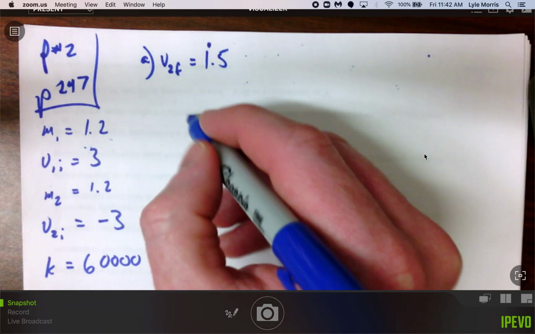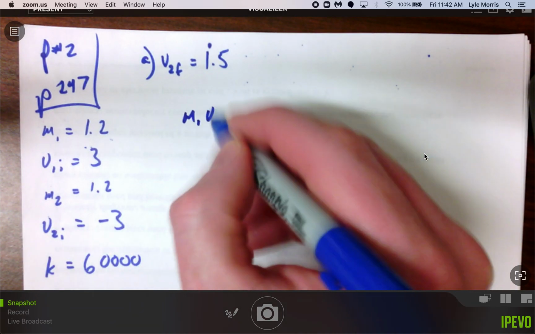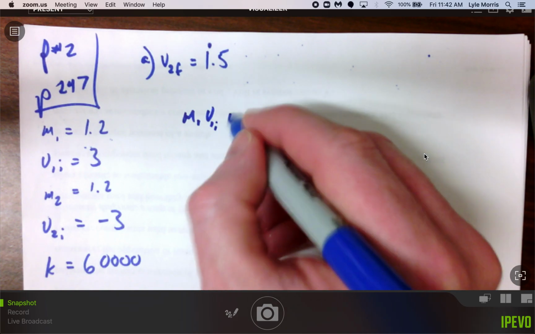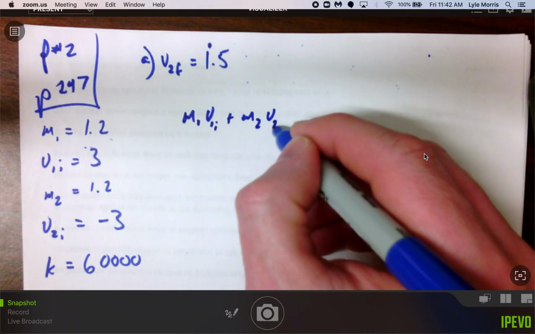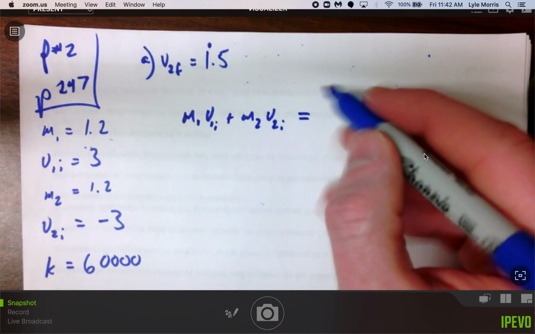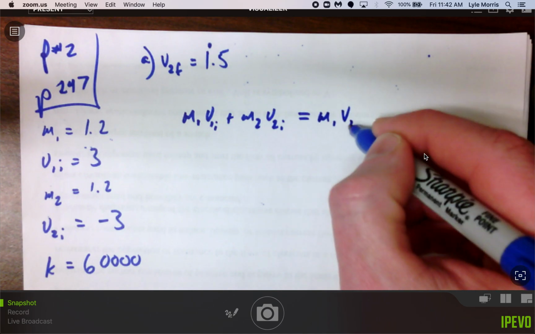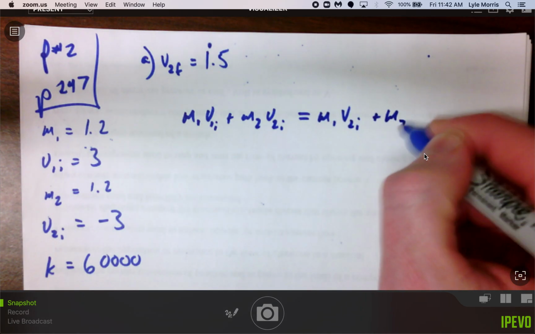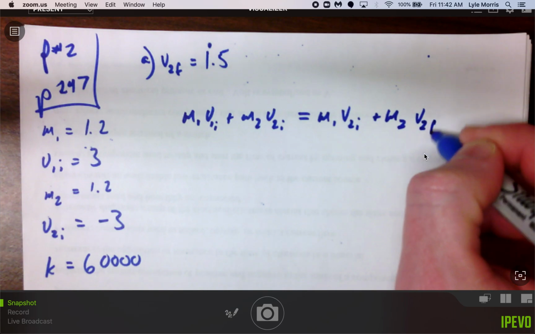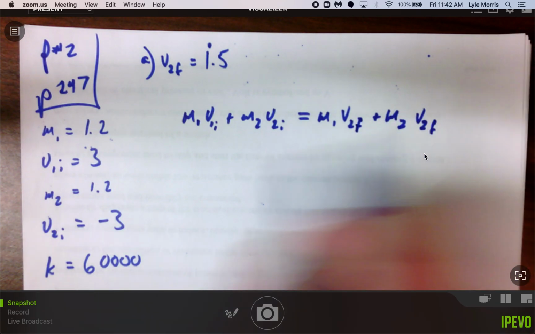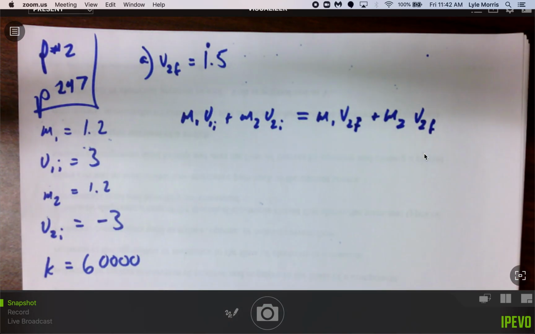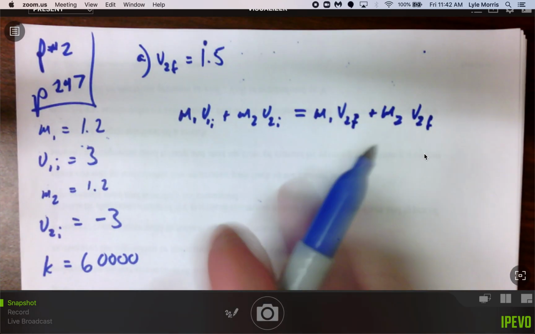Now remember, we can use the conservation of momentum equation, m1 v1i plus m2 v2i equals m1 v1f plus m2 v2f. This is an f. Initial, final. So we can plug in here, because conservation of momentum happens.